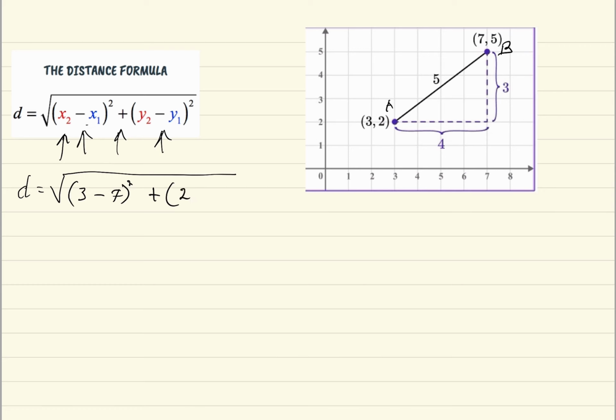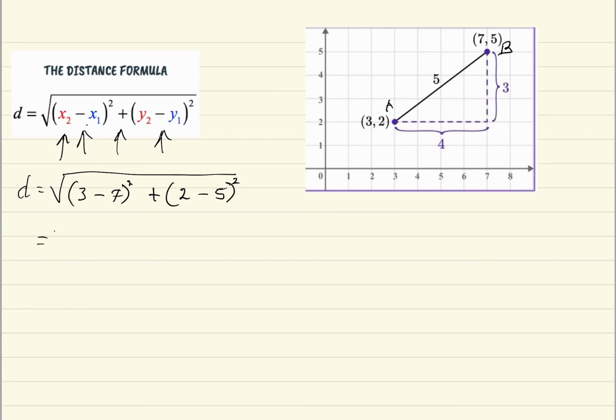I'm going to start with 2 minus 5. Now you could have done the opposite, of course. It doesn't matter which numbers, you just have to stay consistent. And I'm going to square that.